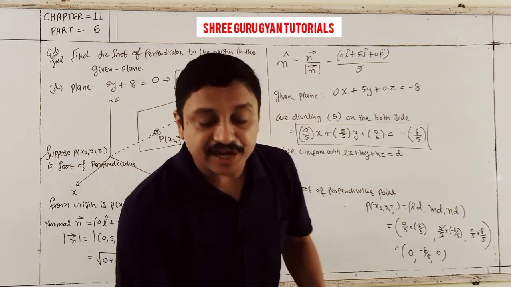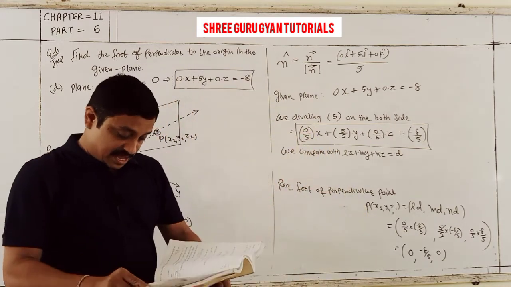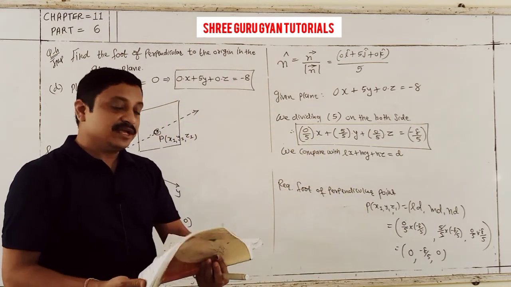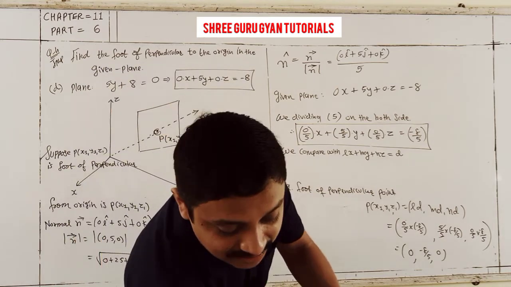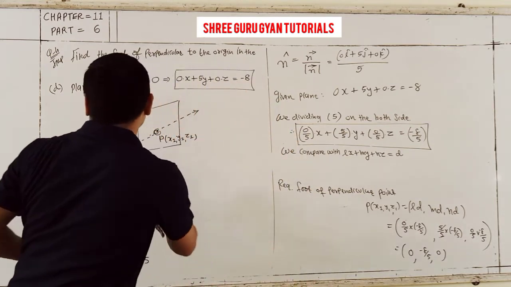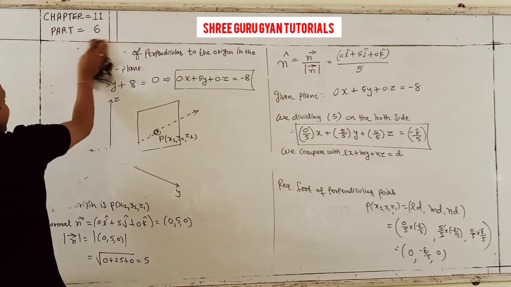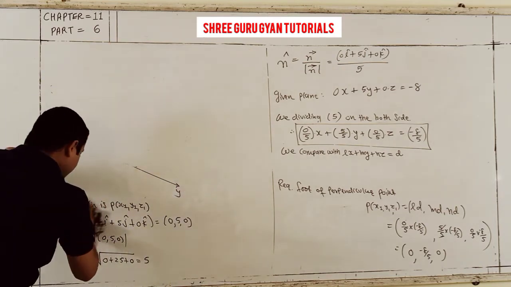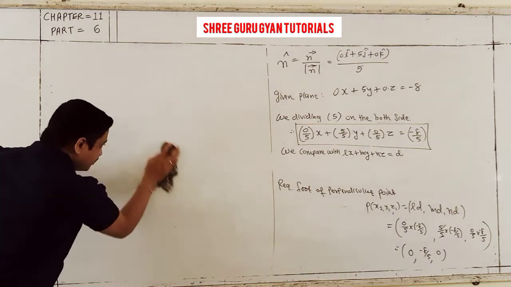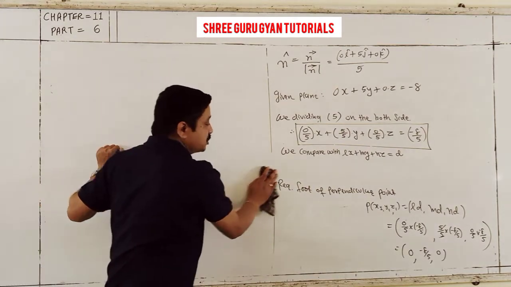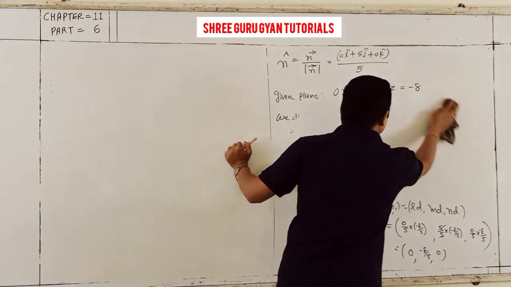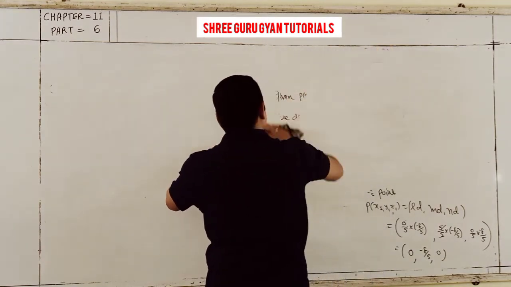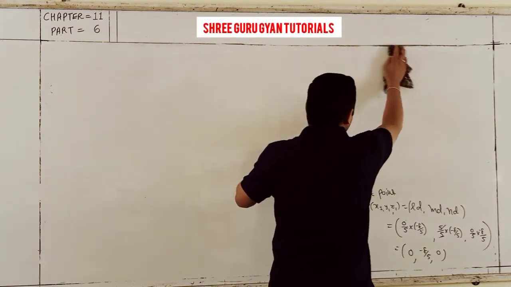Now students, after ending our 4 questions, I am going to the 5th one. Question number 5 is also very interesting, but this time it asks for the vector and Cartesian equation of the plane, passing through a given point and with a given normal.